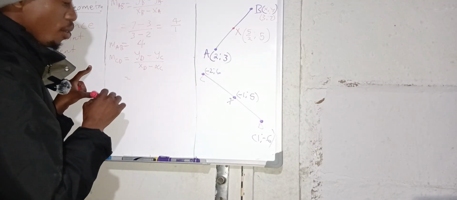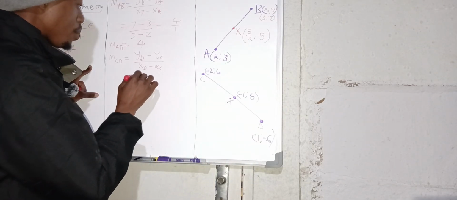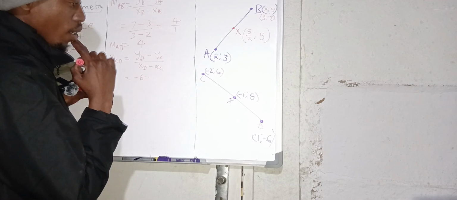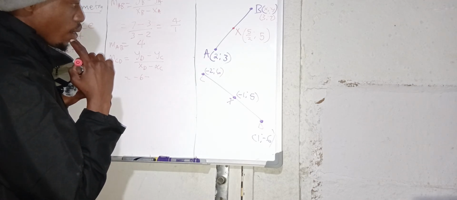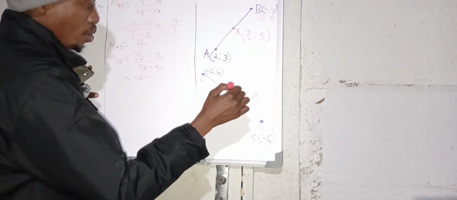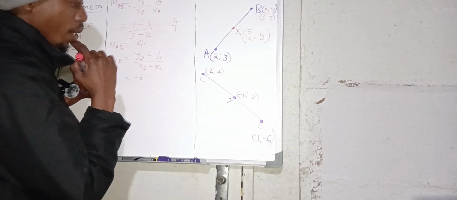What is the coordinate of point D? Minus 6, minus point, okay, let me call it 4.